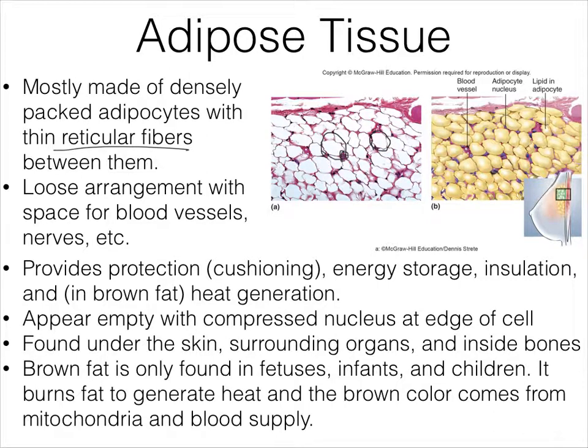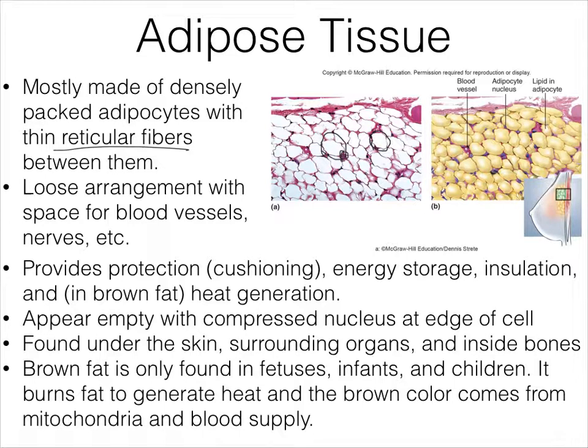Bullet points. What do you need to know? So for each of the tissue types talked about here, you need to know what type of cells are found in them, what type of fibers are found in their extracellular matrix, the arrangement of the fibers, loose versus tight, parallel versus random.